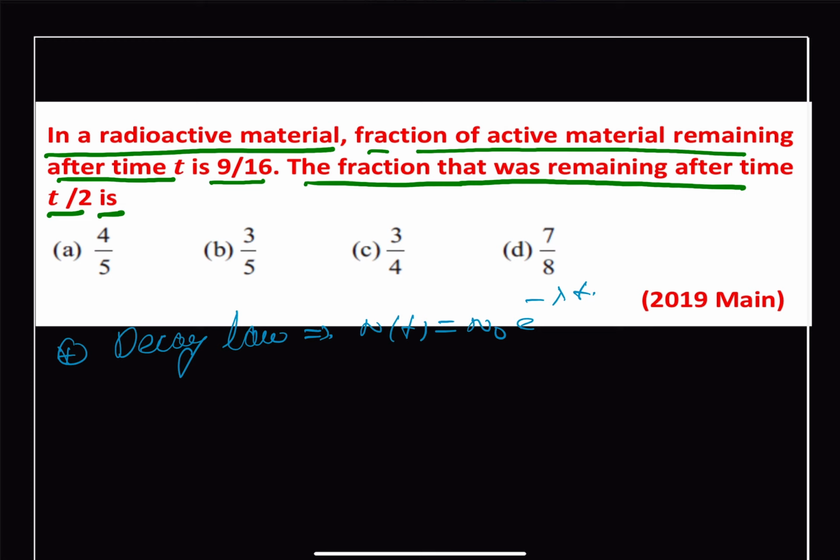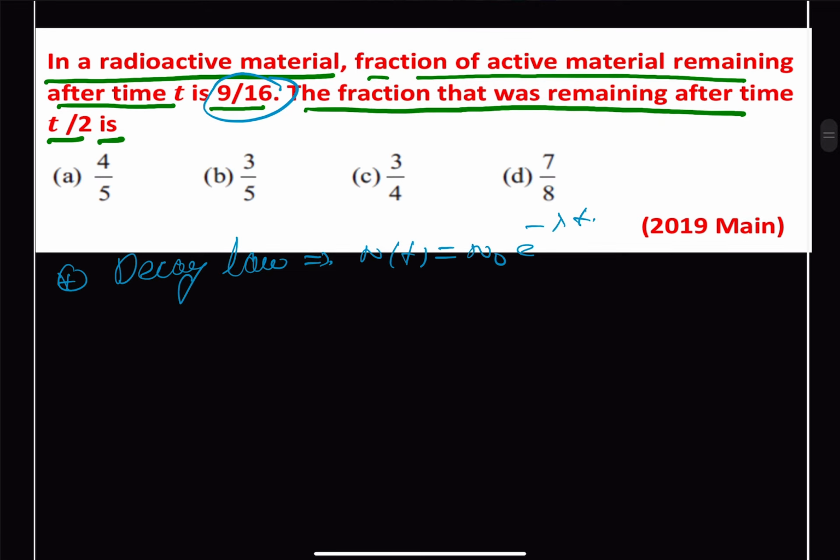And we are given that the fraction remaining after time t is 9 upon 16. Therefore, we can rewrite this equation: the remaining amount upon the original initial amount is equal to e raised to power minus lambda t, and this ratio is given to us as 9 upon 16.